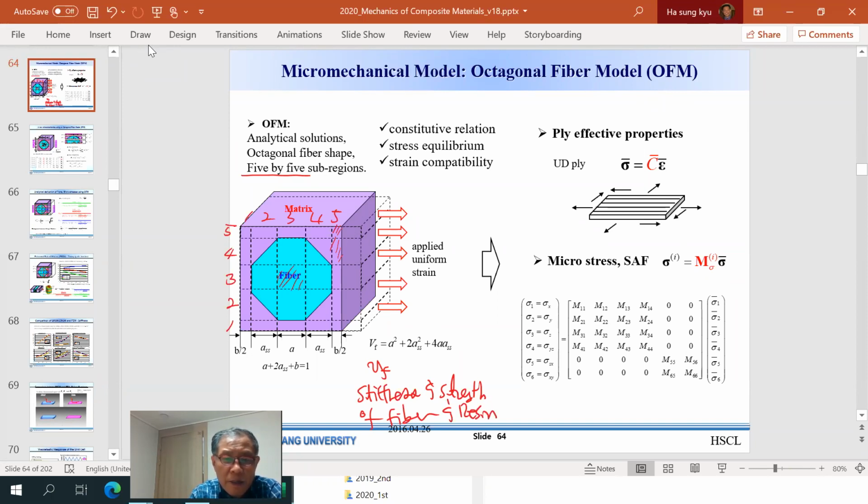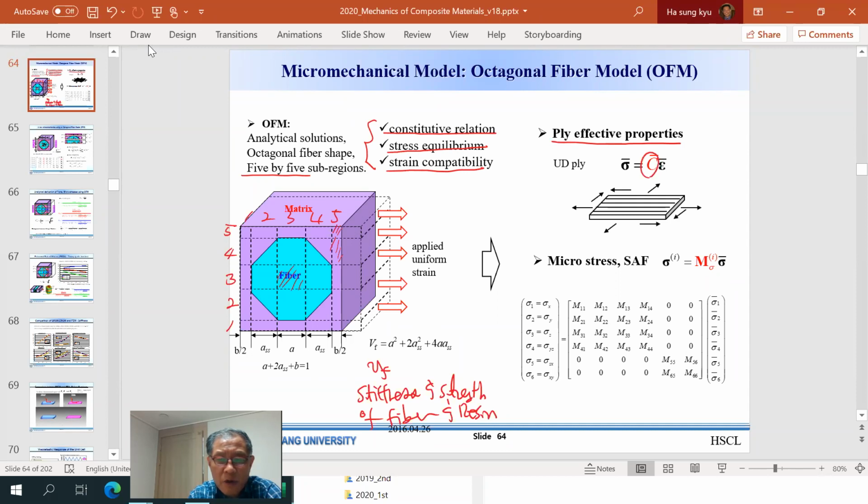And then, of course, the stiffness of fiber and resin will give us constitutive relations, stress equilibrium and strain compatibility. These are always the three principles we need to follow. So we apply this governing equation to this model, and then we are able to get the ply effective properties.